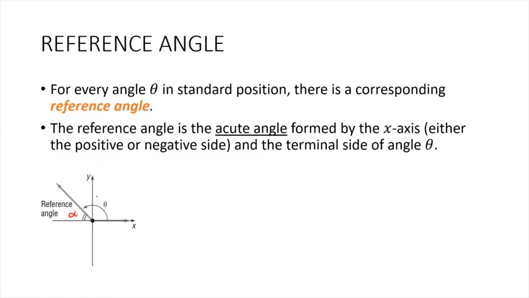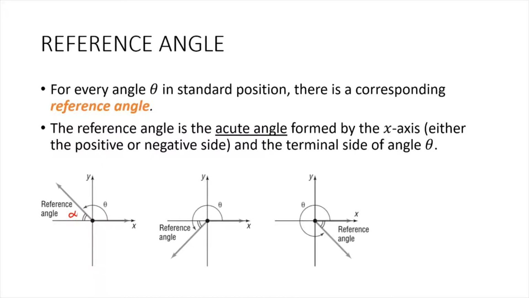Same as with this angle in standard position, we have here angle theta. Again, the reference angle is formed by the terminal side of angle theta and, in this case, the negative x-axis. So again, you look for an acute angle formed by the positive or negative x-axis and the terminal side of the angle in standard position.